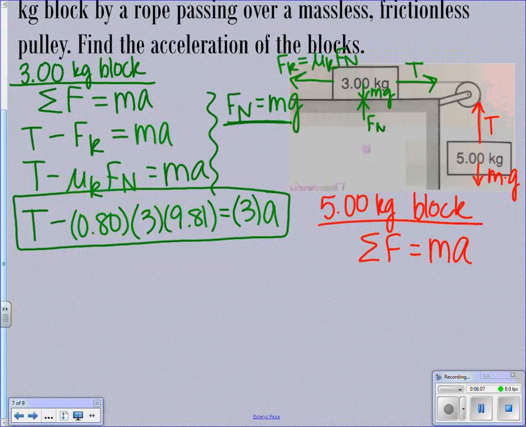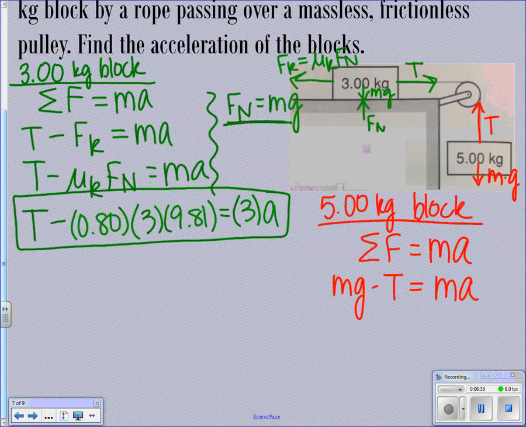On this one, since the block is falling, we know that the mg has to be greater than the tension. So you're going to do the mass times the gravity minus the tension, and then set that equal to your mass times acceleration. The tension force is less than the weight, that's why you're subtracting it. If the tension force was greater, then your 5 kilogram block would be going up. And since it's falling, that means your tension has to be less than the weight.